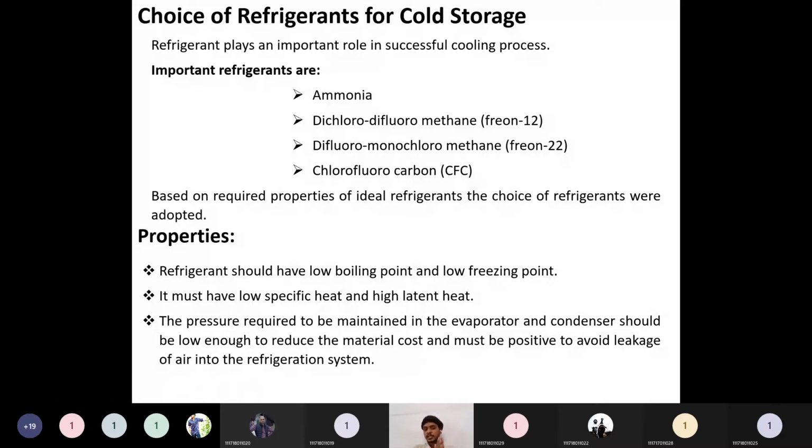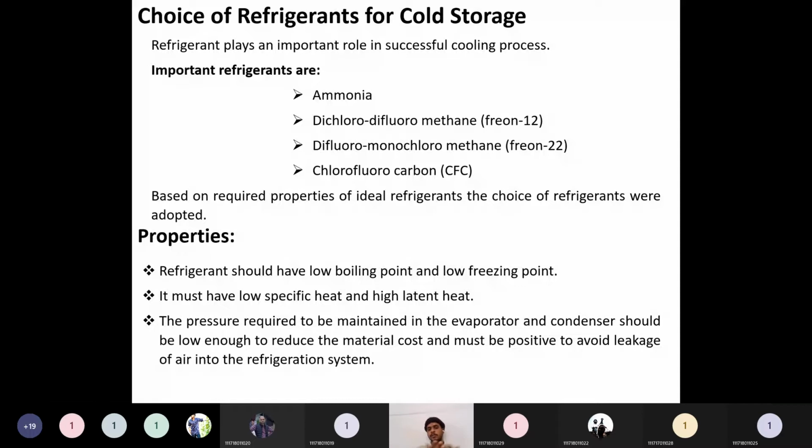So the next point is the pressure required to be maintained in the evaporator and condenser should be low enough to reduce the material cost. Inside that, the pressure should be low, because if high pressures are required, the walls of that particular refrigerant storage tank, we can say for the time being, would need to be very thick, which will add to the material cost.